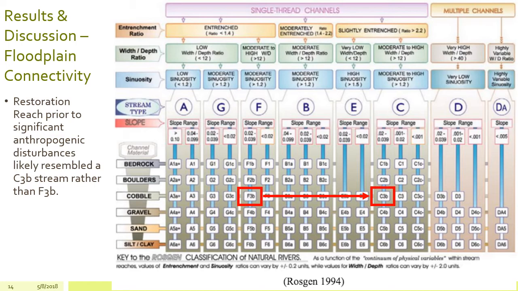However, a C3B stream is only slightly entrenched rather than fully entrenched and has an entrenchment ratio greater than 2.2. So that is what our design will be aiming for, an entrenchment ratio that is greater than 2.2, so that Restoration Reach will classify in the Rosgen system as it used to before, and that way the floodplain will be reconnected.